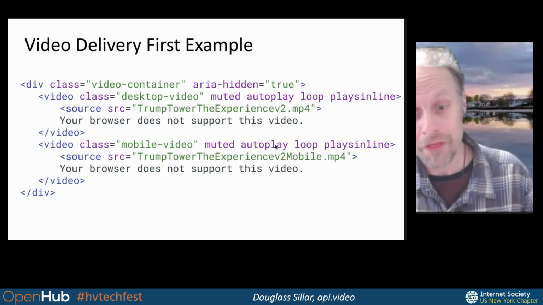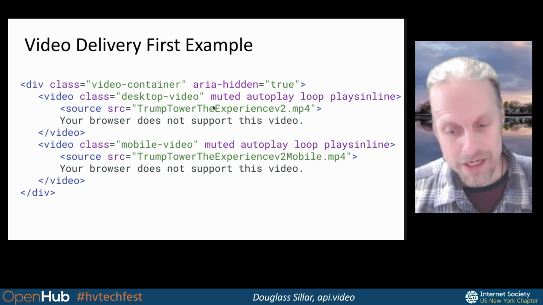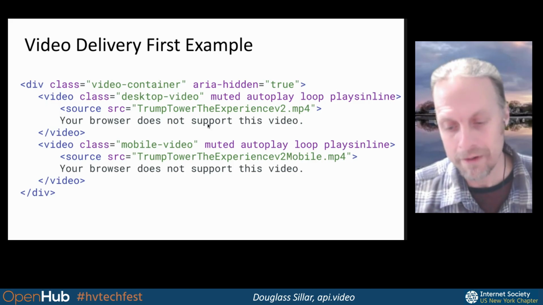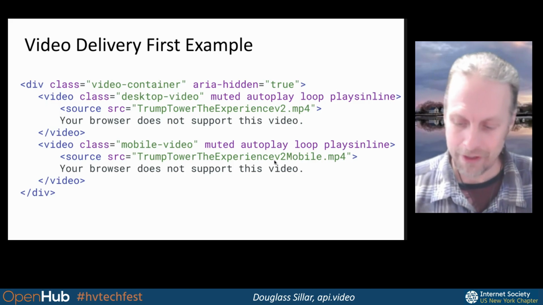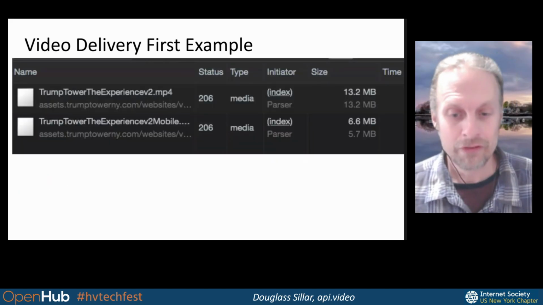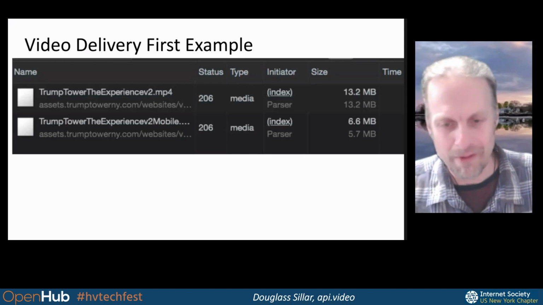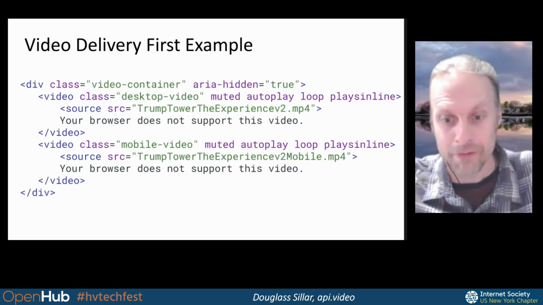Now, the problem with this is what you really want to do is have one video tag and use JavaScript to put in one video or the other video. If you put two video tags there, guess what the browser does? It downloads two videos. So they're sort of trying to do the right thing, but they couldn't figure it out, and they're like, screw it, we'll let the browser figure it out.